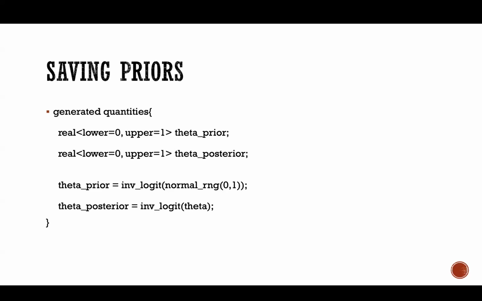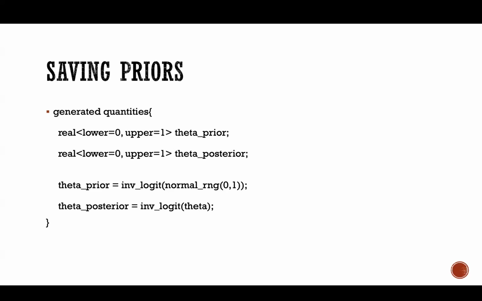Then after we define these new variables, what we do is we generate them. We have that theta prior is equal to the inverse logit of a normal distribution with a mean of 0 and a standard deviation of 1. And I'm using a new function that you haven't seen before, which is RNG, which is random number generator, which basically takes as many samples as you have in your posterior, right?